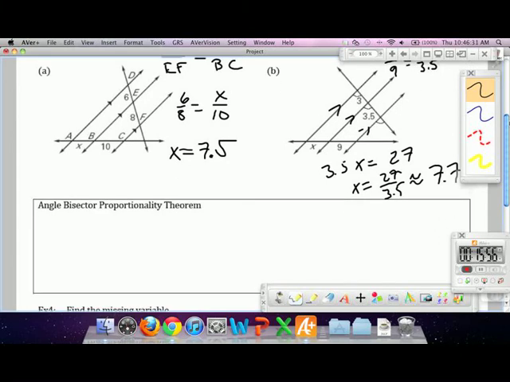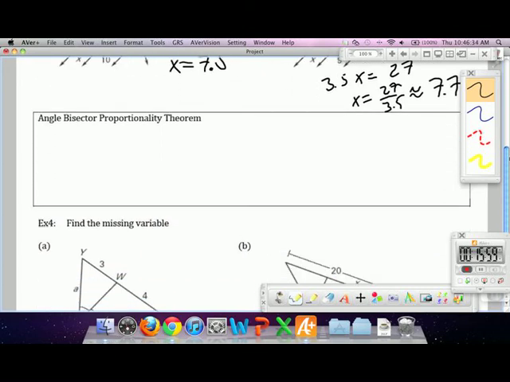Our last theorem for today, our last proportionality idea, involves an angle bisector.